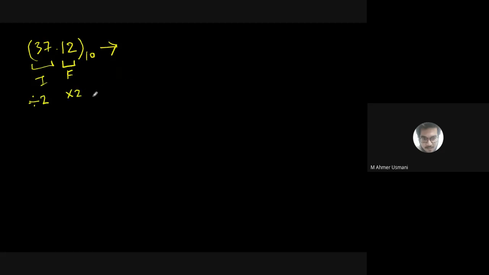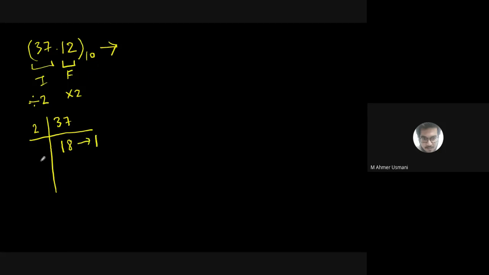So start doing the first part. 37, keep on dividing by 2. You'll get 18 with a carry 1.